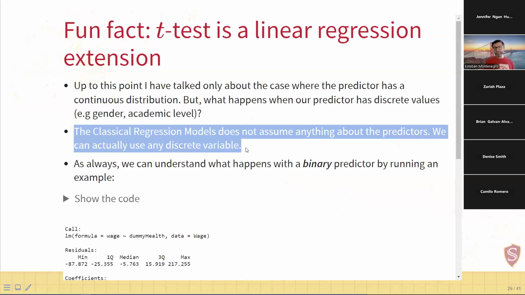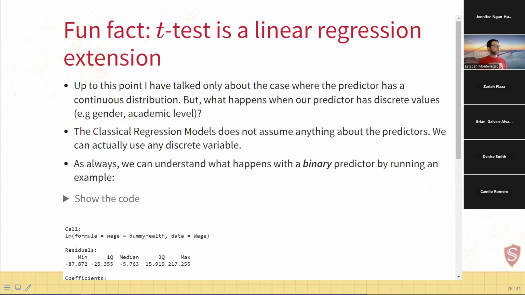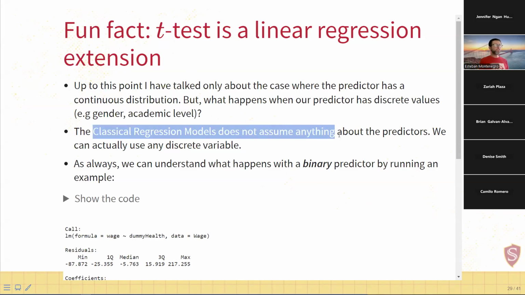I haven't told you this, or haven't told you this enough, but in the classical regression model, we don't assume anything about the predictors. I don't know if you saw the list of assumptions, but none of them relate to the predictors. The predictors could have any distribution.